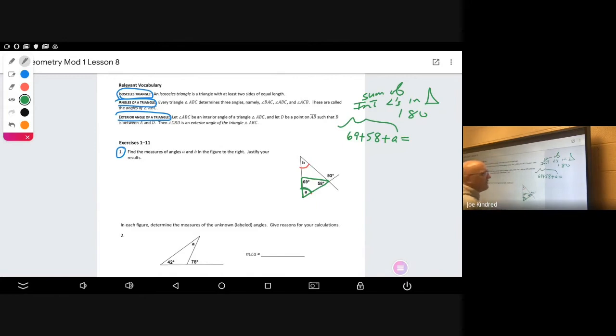The sum of the interior angles in a triangle. And so we have 69, 58, and A. I know they equal 180.